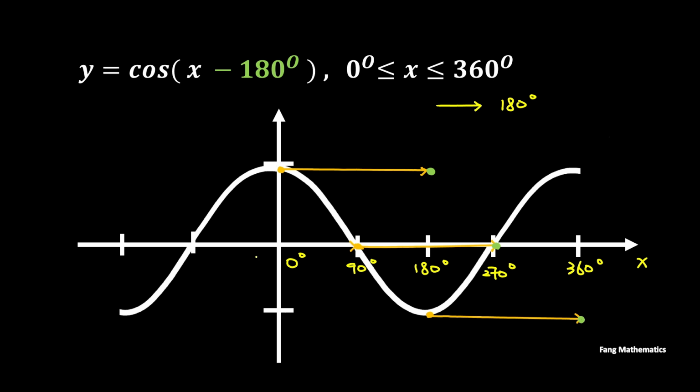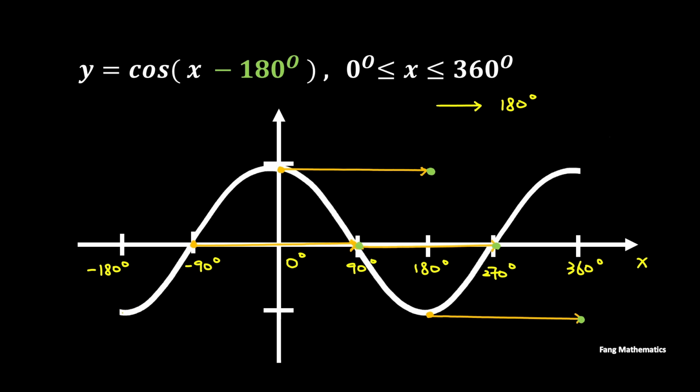Now, if you look at this, I have extended the graph 180 degrees towards the left. So correspondingly, you should get minus 180 and minus 90 degrees respectively. We use these two coordinates and shift 180 degrees towards the right. We start from minus 90 plus 180. Therefore, we should get the point here.